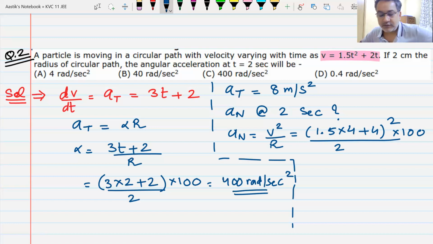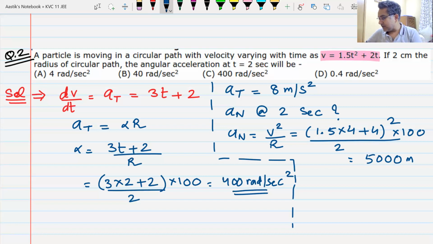This is how you can always find your normal acceleration, V square by R or omega square multiplied by R. 1.5 into 4 is 6. 6 plus 4 is 10. 10 square is 100. 100 into 100 divided by 2, you will get 5000. Yes or no, my dear friends?